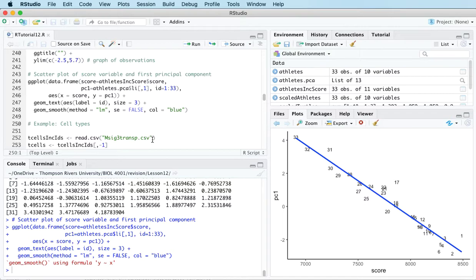So it's pretty good. There's a fairly strong negative correlation between the decathlon scores on the horizontal axis and the principal component scores on the vertical axis. So what this graph tells us is that the principal component analysis is quite successful at summarizing the overall performance of the athletes in that first principal component, in that first dimension.